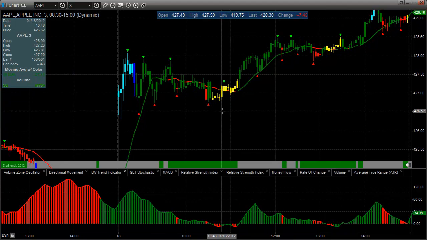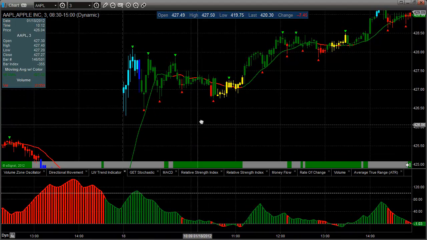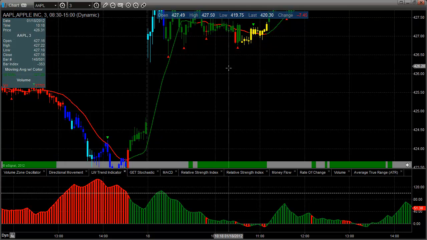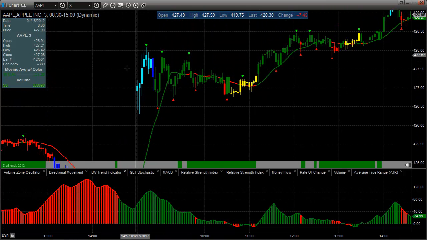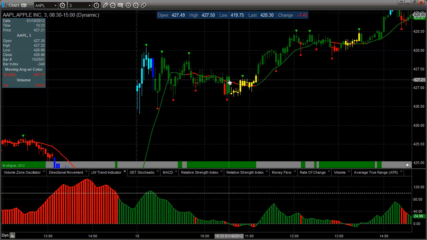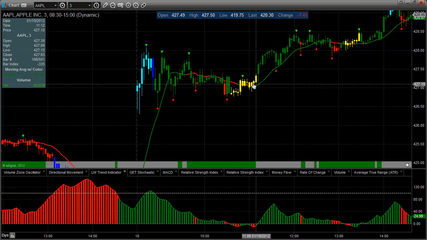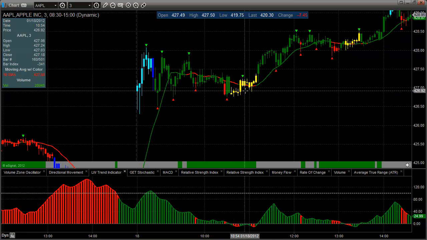And in conjunction with this new structure high, extreme price, extreme trend, and then a consolidation afterwards, this is the perfect spot to use yellow candles.